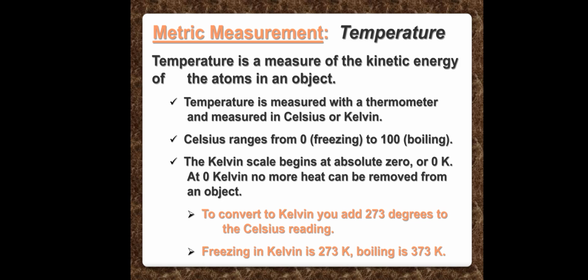The Kelvin scale begins at absolute 0 or 0 Kelvin. At 0 Kelvin, no more heat can be removed from an object. To convert to Kelvin, you add 273 degrees to the Celsius reading. Freezing in Kelvin is 273 Kelvin. Boiling is 373 Kelvin.